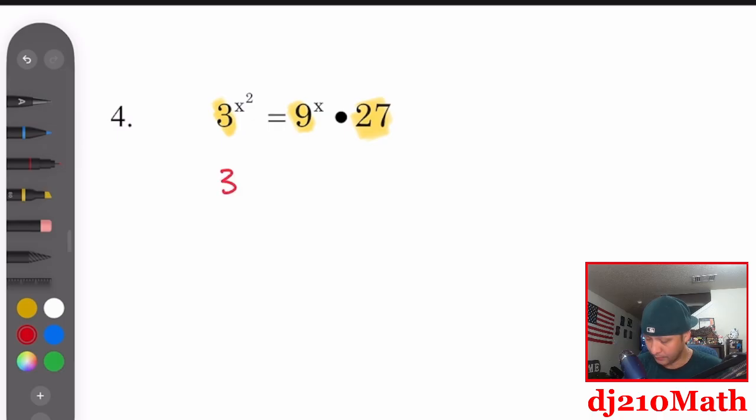Okay, 3 to the x squared is equal to 9 to the x power. 9 is really 3 squared, to the x power. And then this is times 27, which is really 3 cubed.